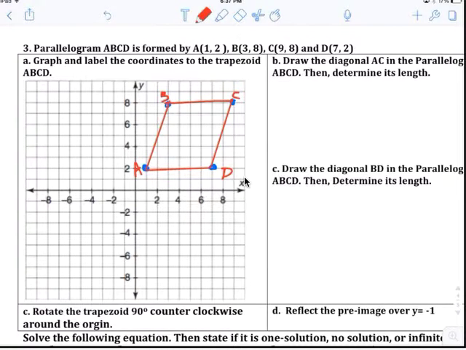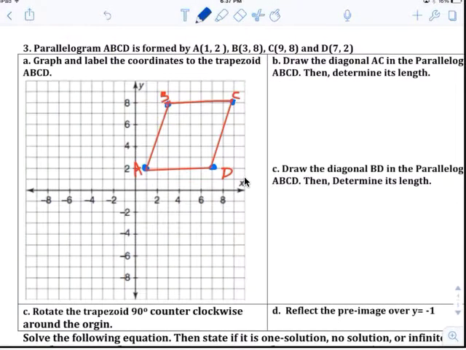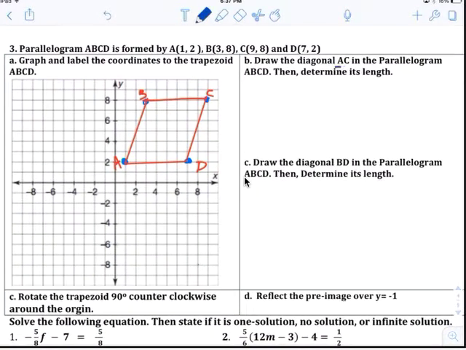There we go. And then we draw the diagram: draw diagonal A to C, and then determine its length.